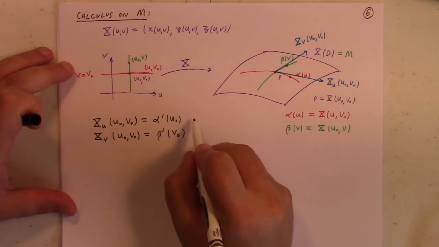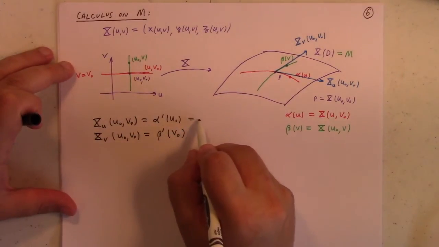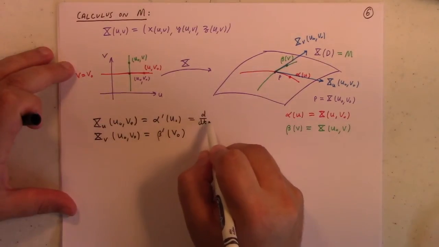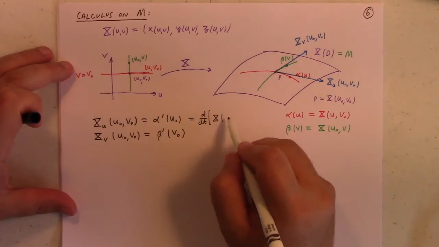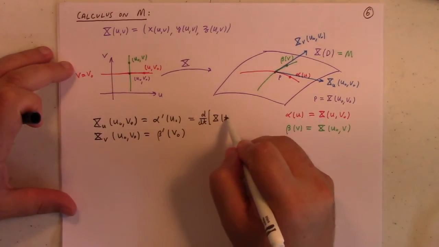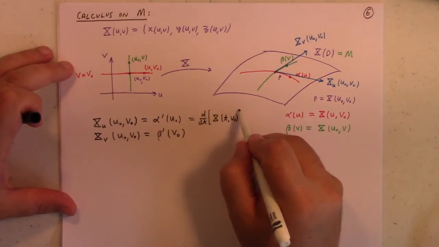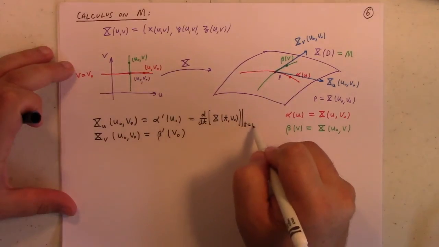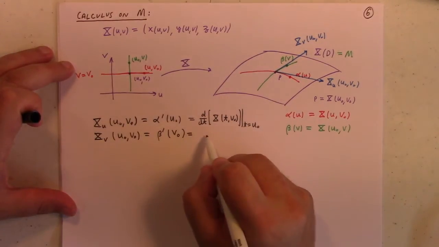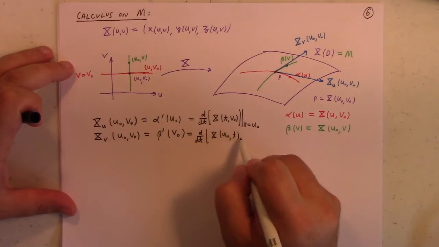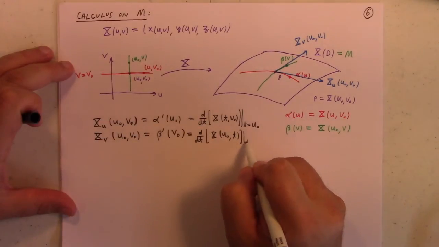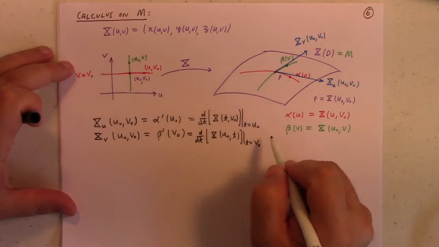But to be more explicit about it, this is really d/dt of x of what? Of t comma v naught, putting t equal to u naught afterwards, and this is d/dt of x of u naught comma t, setting t equal to v naught after the differentiation.